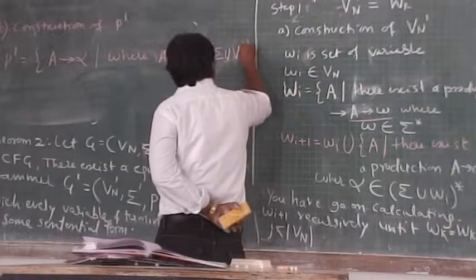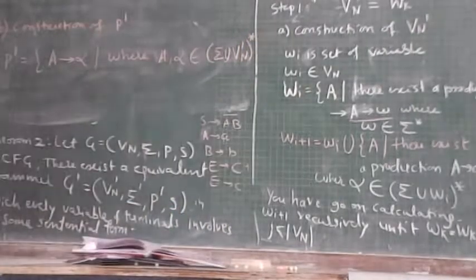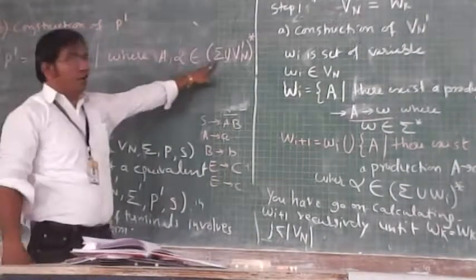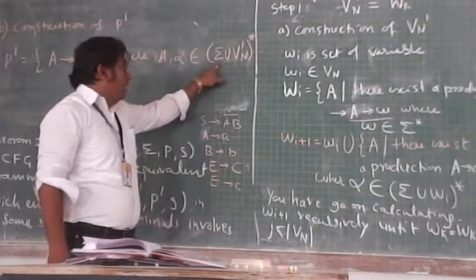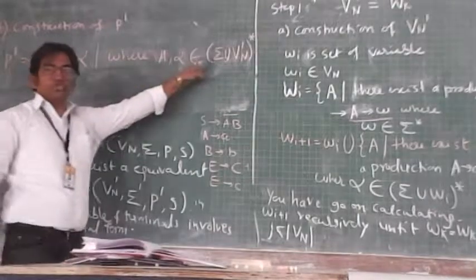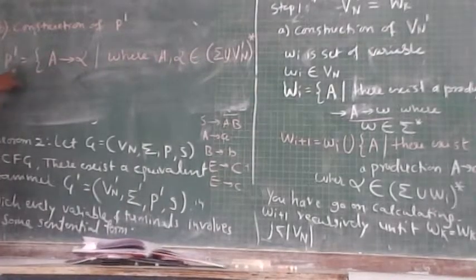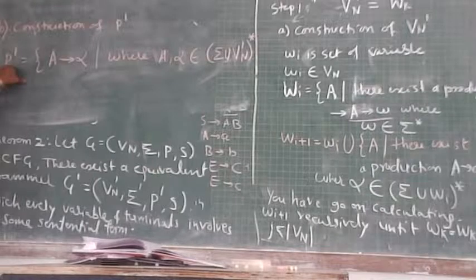So Vn dash star is the Vn dash you received in the previous step, along with the set of terminals that you consider. A and alpha of a production should belong to this particular set. Such productions you have to include into the P dash, and that P dash is the reduced number of productions you got.